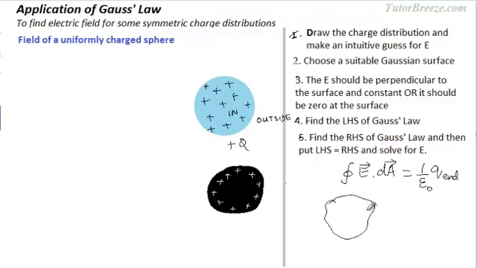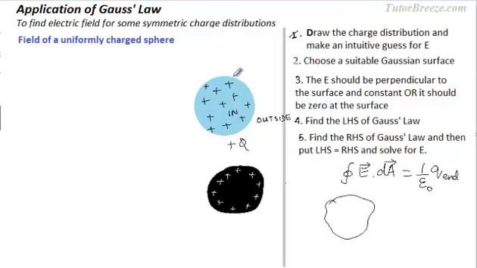But the only thing is, it's going to make our job very tough, because calculating the integral over an arbitrary surface is very difficult. So the mathematical calculations become very long and tedious. So what we are doing in each case is choosing a Gaussian surface which will make our calculations easy, which will simplify our calculations.